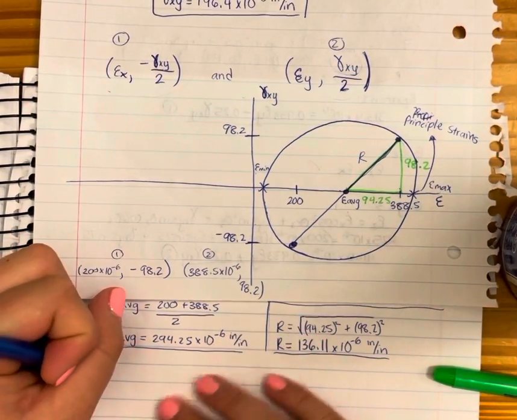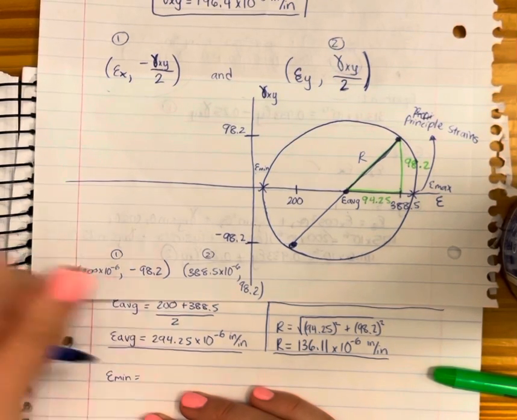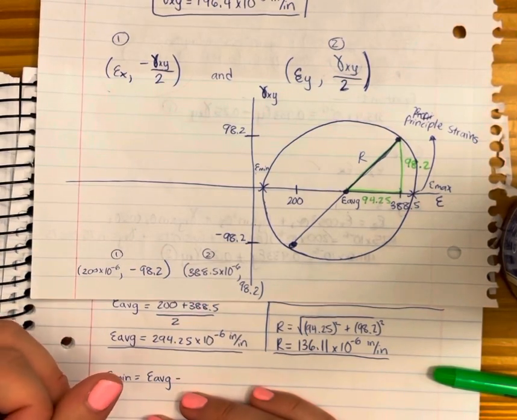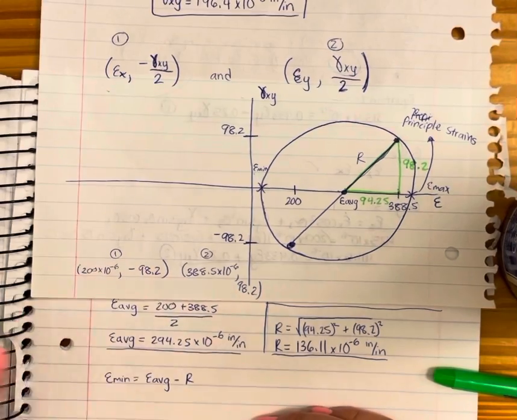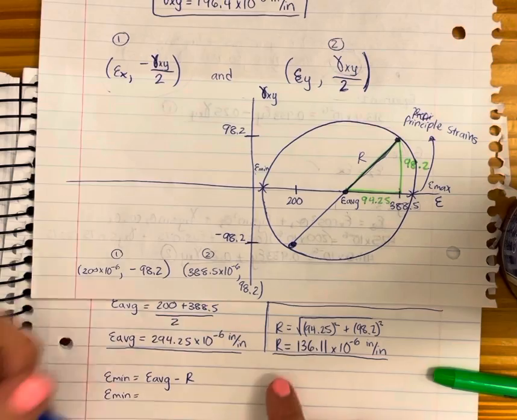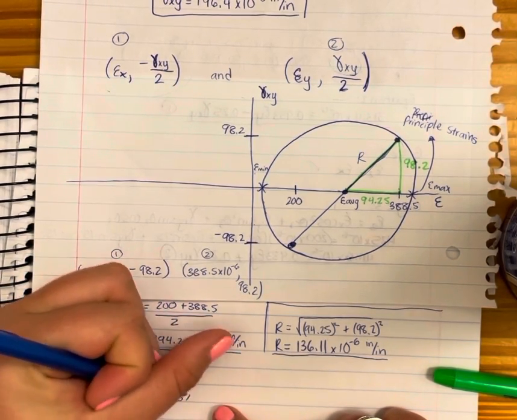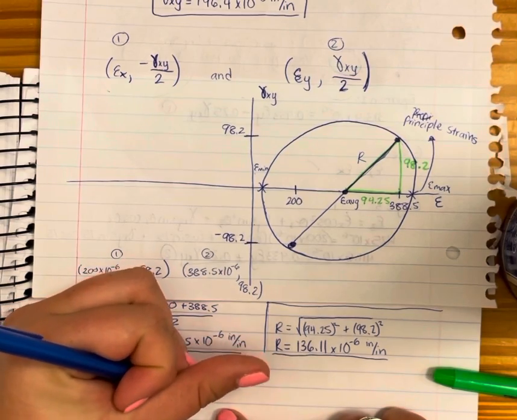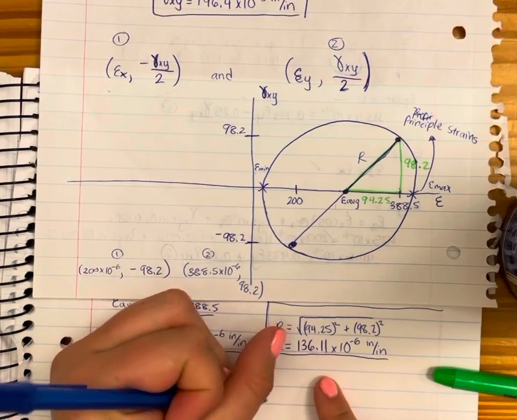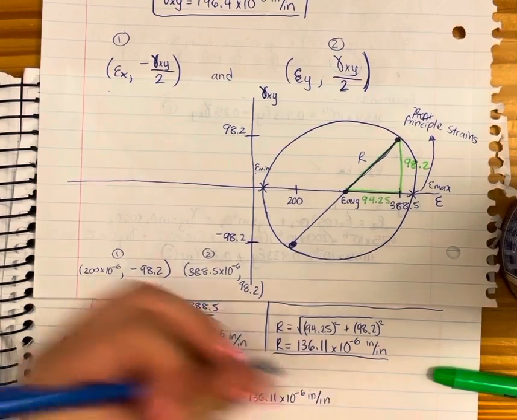To solve for the strain minimum, we do the strain average minus R. Strain minimum equals 294.25 times 10 to the negative 6 inches per inches minus 136.11 times 10 to the negative 6 inches per inches.